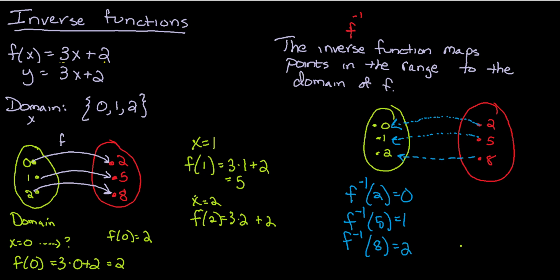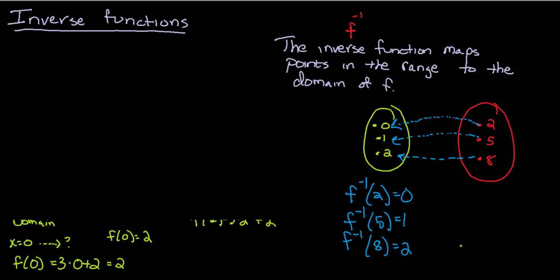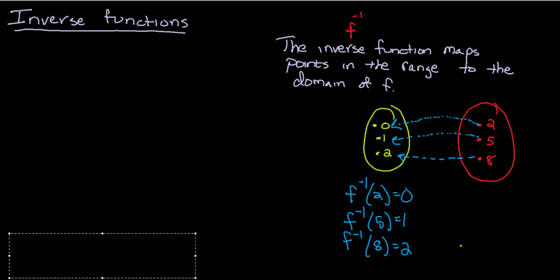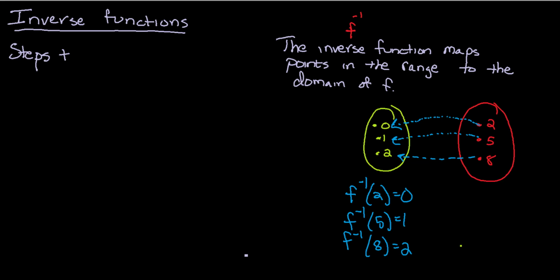Now, the question is, how do you find that on paper? There are a few steps to do. Here are the steps to find the inverse, and we'll find the inverse of y equals 3x plus 2.